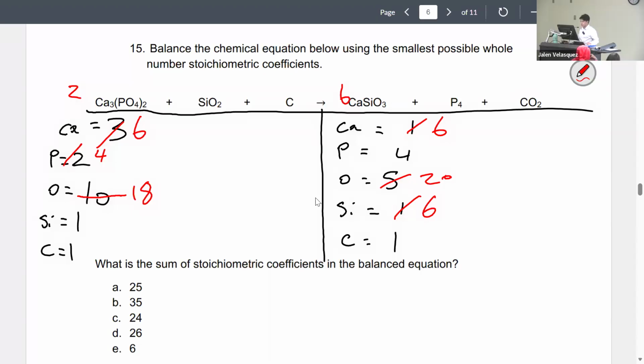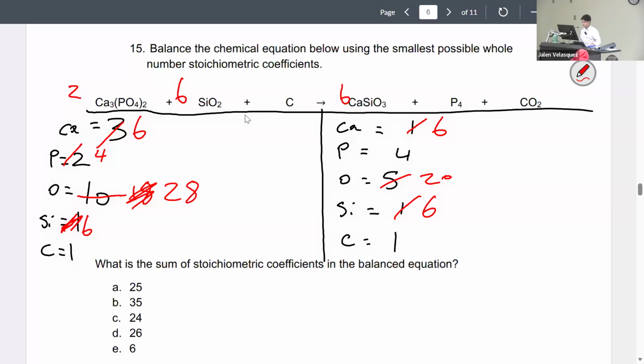Okay, so we've got to keep on going, right? Let's look now for silicon here. How many do I need? I need 6, right? So let's put a 6 here. That gives me 6 silicons. How many oxygens do I have now? 28, right?